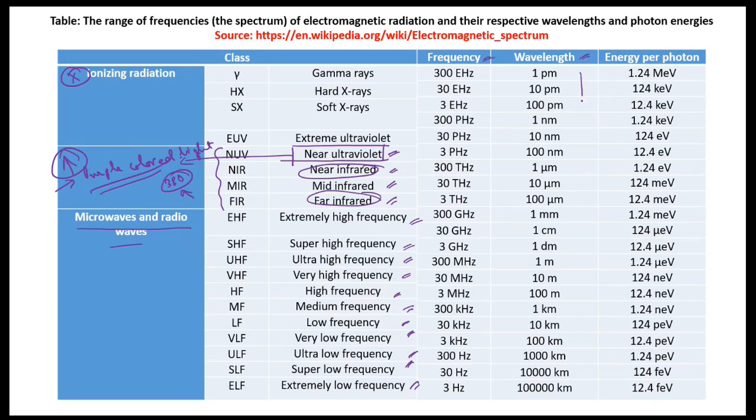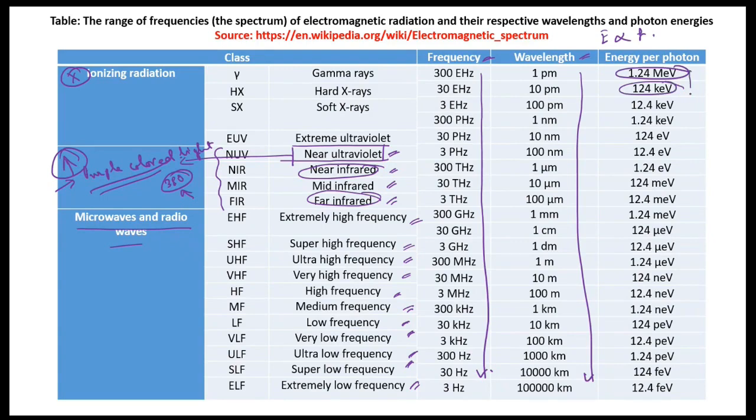The wavelength is increasing while the frequency is decreasing. Energy per photon is directly proportional to the frequency, so at higher frequency we have higher energies, and as we go down, the energy levels decrease.